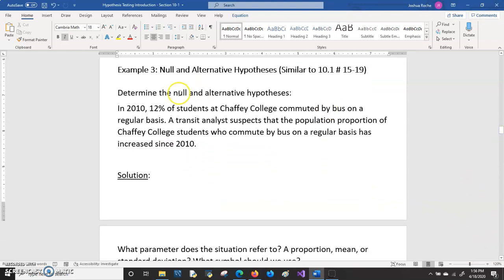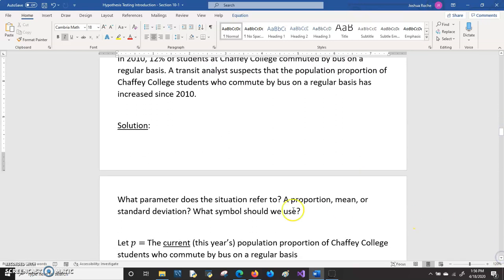To determine the null and alternative hypotheses, the first thing that you'll want to do is to ask, what parameter does this situation refer to? Is it referring to proportions or means or standard deviations? And based on that, what symbol should we use? Well, this problem is referring to population proportions.